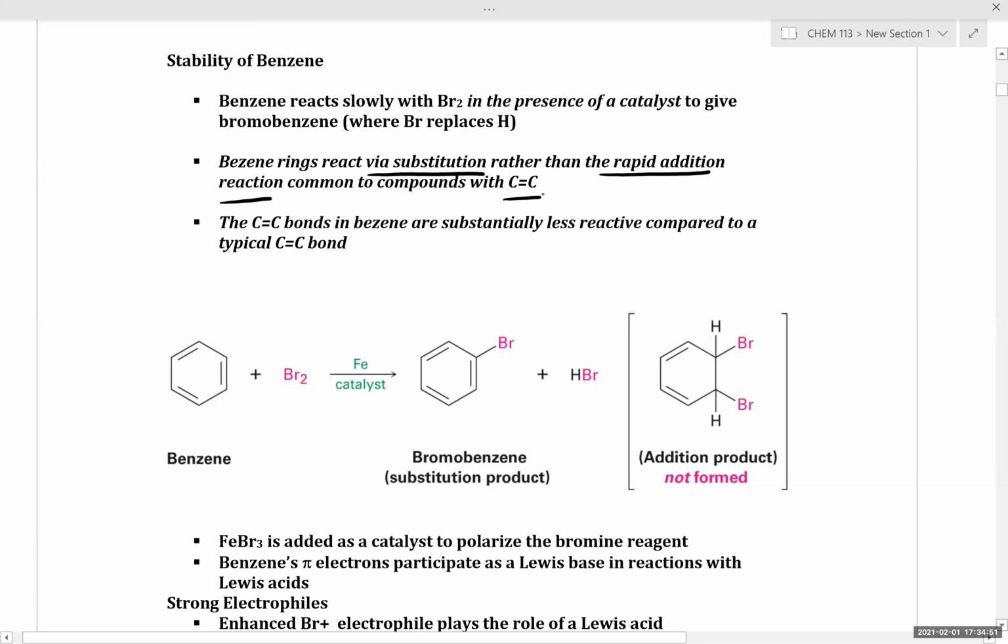So rather than observing the addition product, instead we observe substitution, where a hydrogen in our benzene ring has been replaced with a bromine atom. So we can conclude from our previous discussions that the carbon-carbon double bonds in benzene are substantially less reactive compared to a typical carbon-carbon double bond.